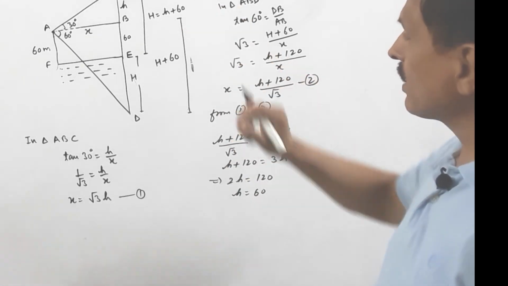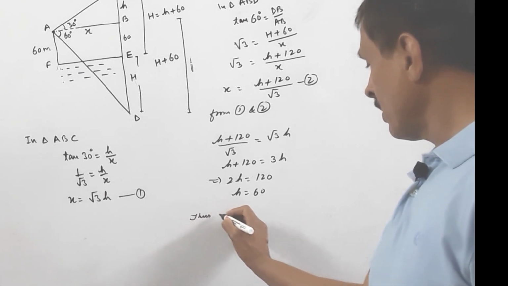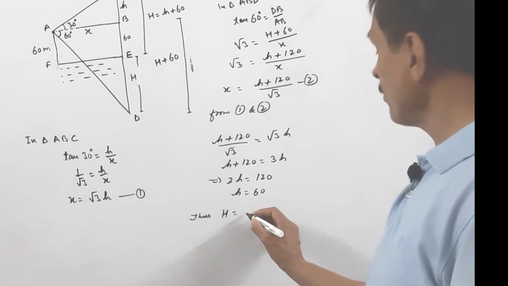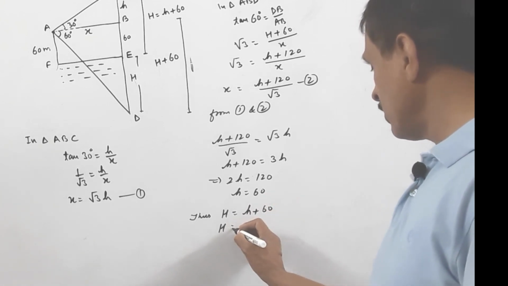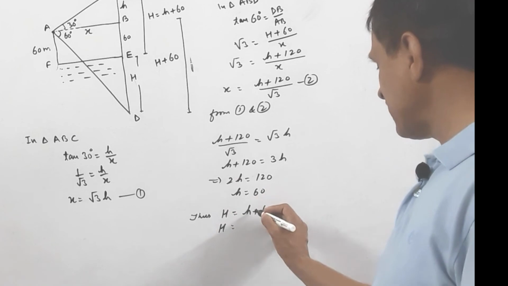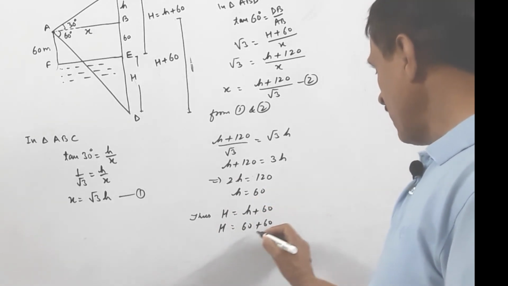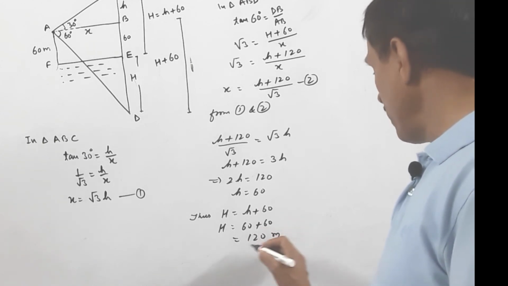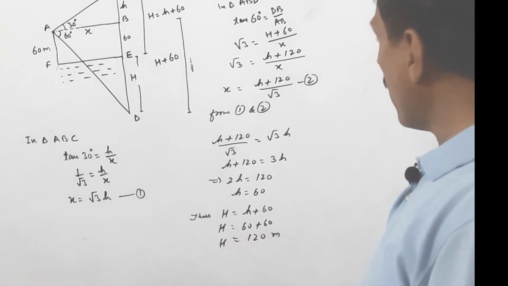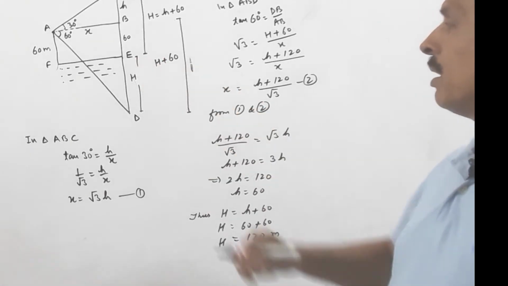As the height of the cloud is h plus 60, replacing h by 60, we get 60 plus 60, and that is equal to 120 meter. So height of the cloud is 120 meter from the lake.